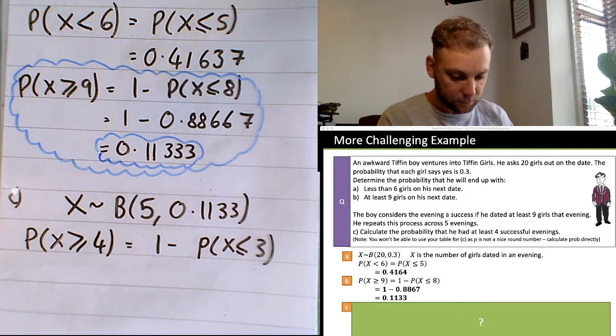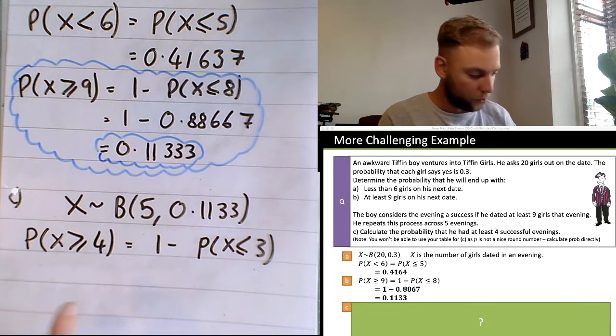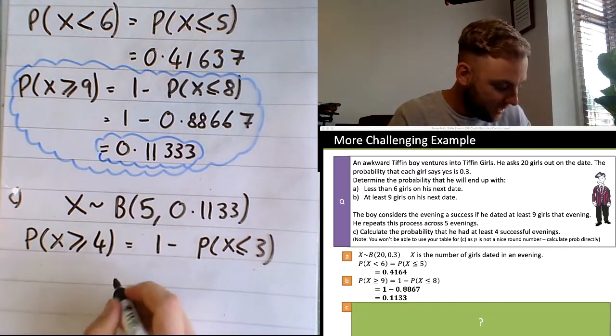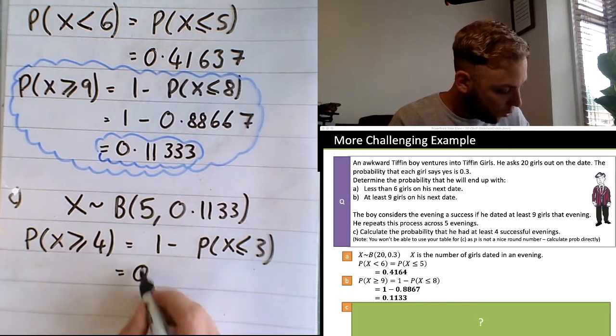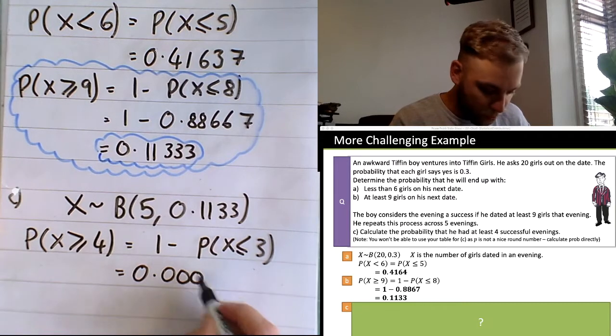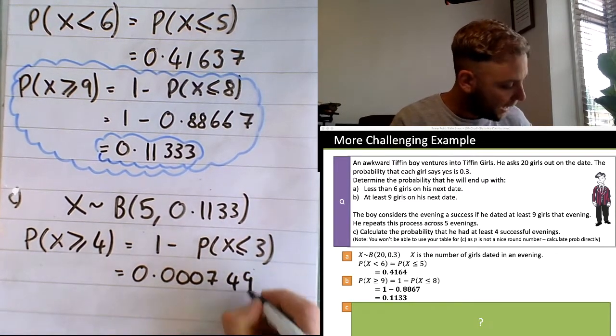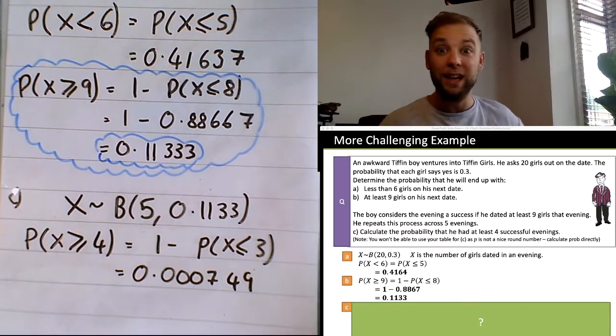And so that's equal to 0.999. So 1 minus that answer, it's going to be really, really small actually. So it's equal to 0.00749. Okay, that is tricky, that one.